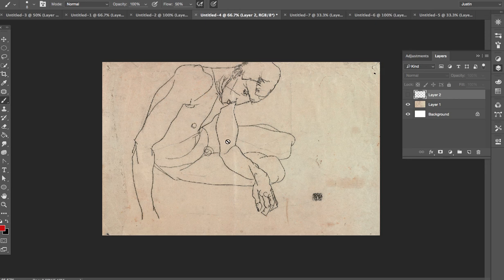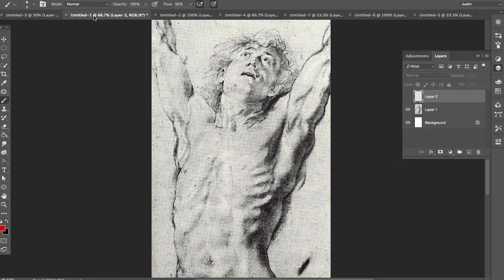And usually what's going to happen is one or the other is going to dominate. Now you can see in this one, the value is basically dominating. The base structure is built on the volume. And there are areas like this where he allows the line to almost disappear. And it works because you have this structure of the volumes being held together by the light and the dark.